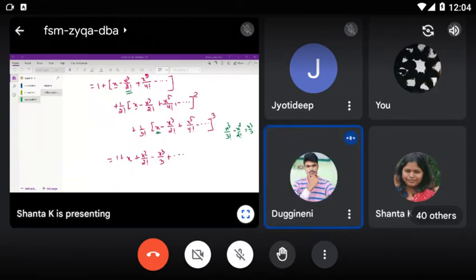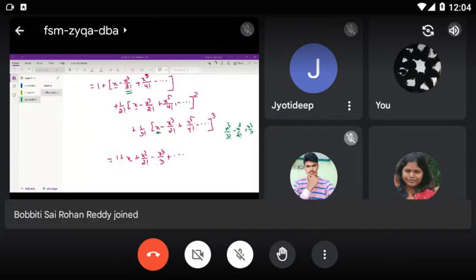Derivative positive, it is upward concavity. Derivative is negative, downward concave.